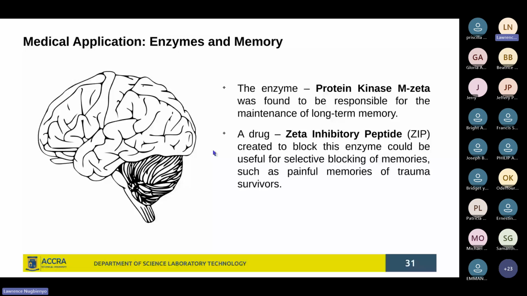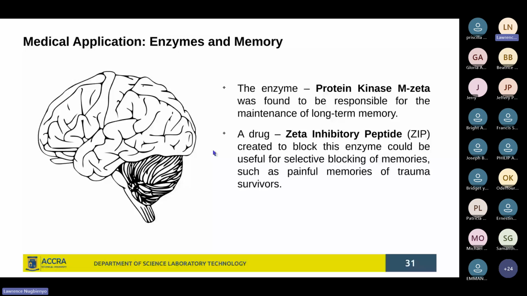But this drug, if taken, can block the activity of such a protein, the protein kinase M zeta, which is involved in long-term memory. So by that, the drug is able to manage the memories of such people, so that there will be fewer times that they remember these things, that sometimes they're having sleepless nights, nightmares and things like that.